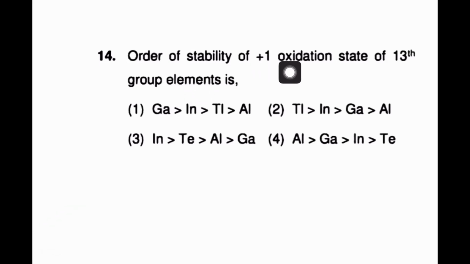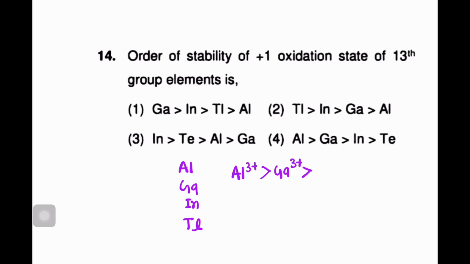The correct order of stability of the +1 oxidation state of group 13 elements. So the elements are boron, aluminium, gallium, indium, thallium, and due to the inert pair effect, the +1 oxidation state stability increases down the group and the +3 oxidation state decreases down the group. So Al3+ is most stable, followed by gallium 3+, then indium 3+, and then thallium 3+.